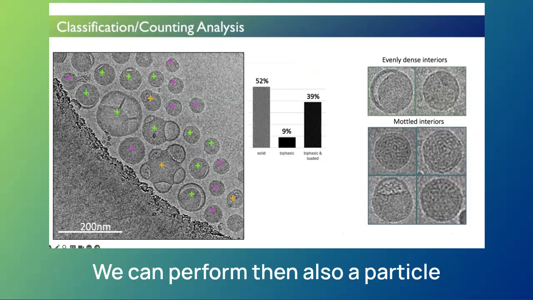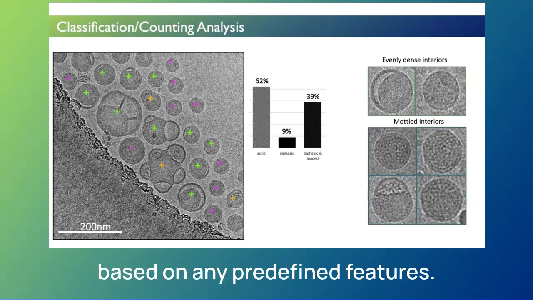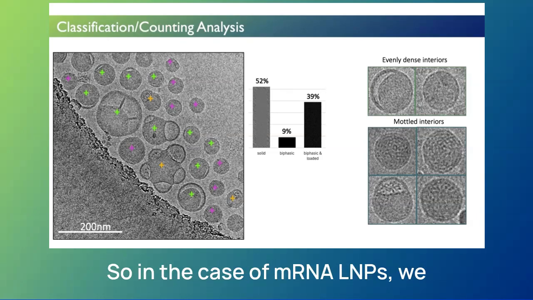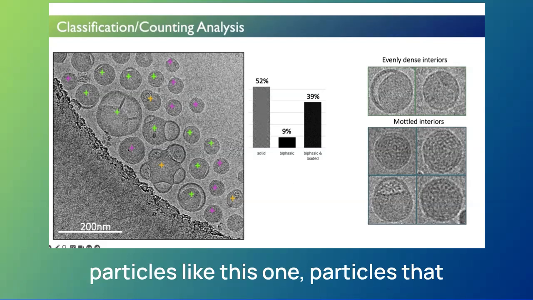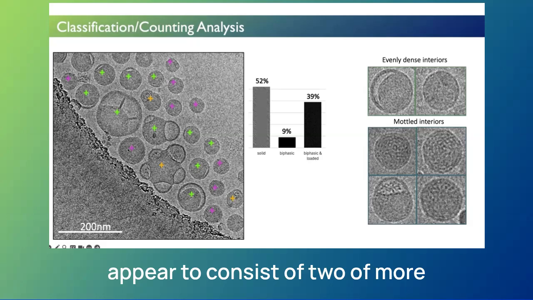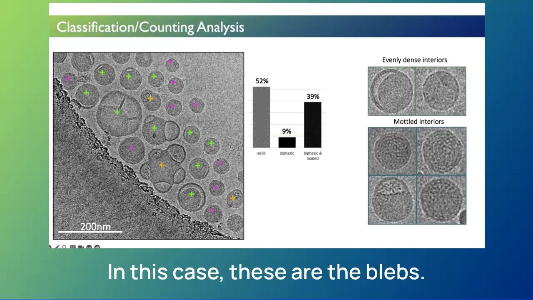We can then also perform a particle morphology classification analysis based on any predefined features. In the case of mRNA LNPs, we can, for example, look at fully dense particles like this one, and particles that appear to consist of 2 or more compartments, which is called blebbing. In this case, these are the blebs.